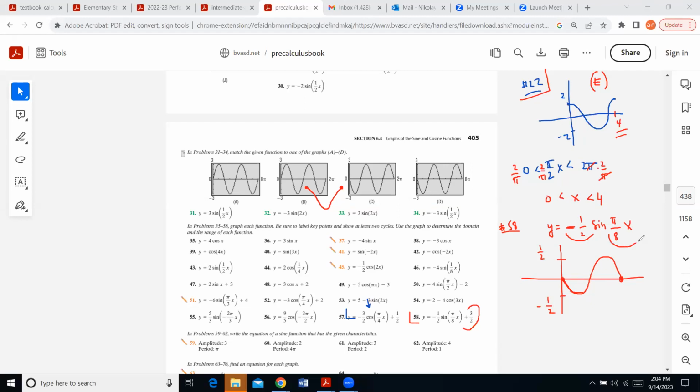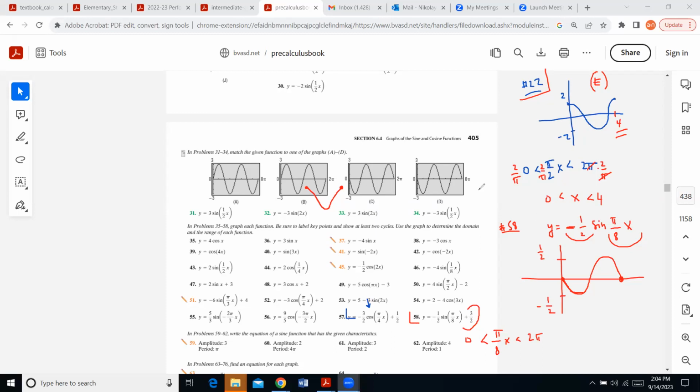So now we need to decide about pi over 8 with x. So we need to get rid of this pi over 8, right? So I put this the standard way, we always do it, in between of 0 and 2 pi.